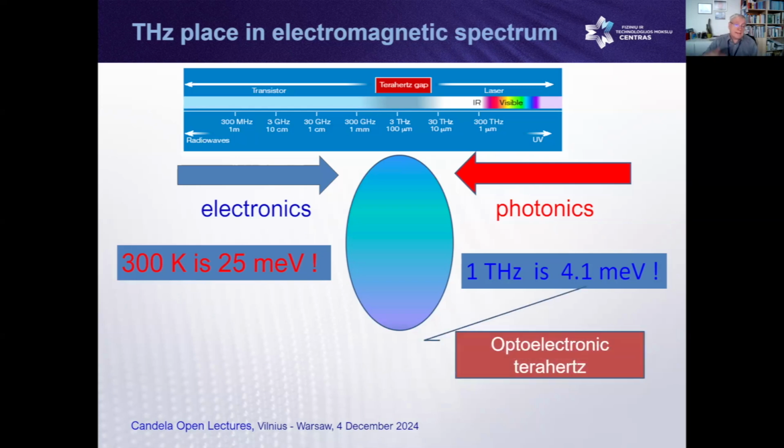From the photonic side, we can combine the so-called electronic approach in terahertz. It means applying femtosecond-based lasers to generate and detect terahertz as well. But if we want to make a compact system, femtosecond lasers can hardly be applied, because usually lasers need to be placed on optical tables.